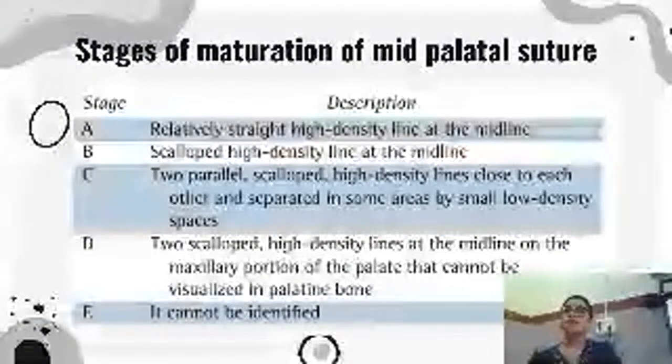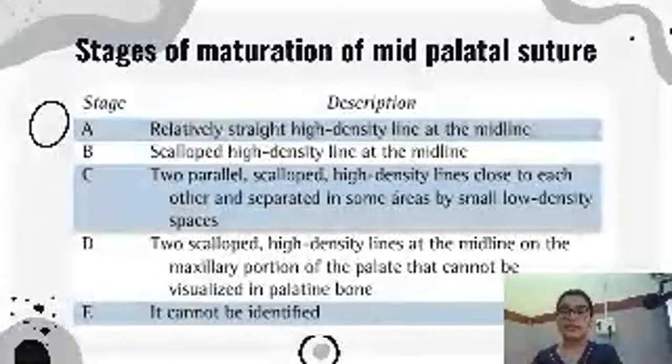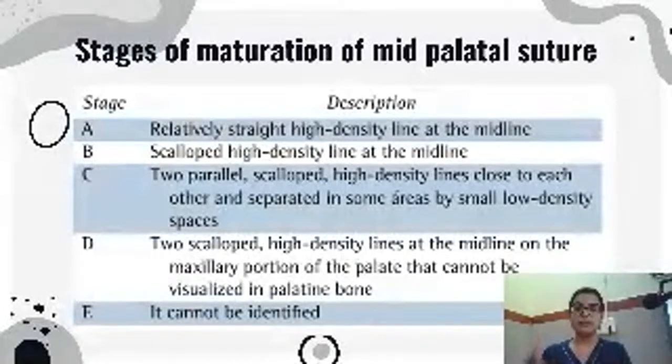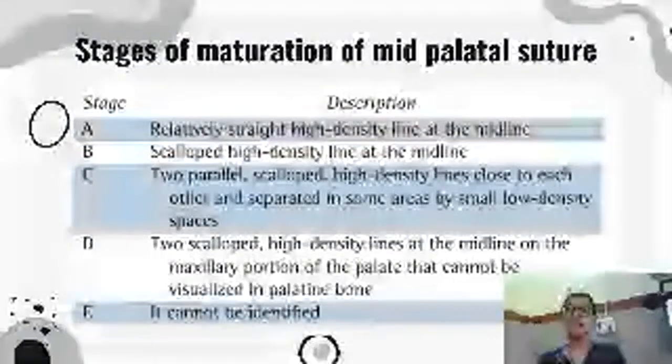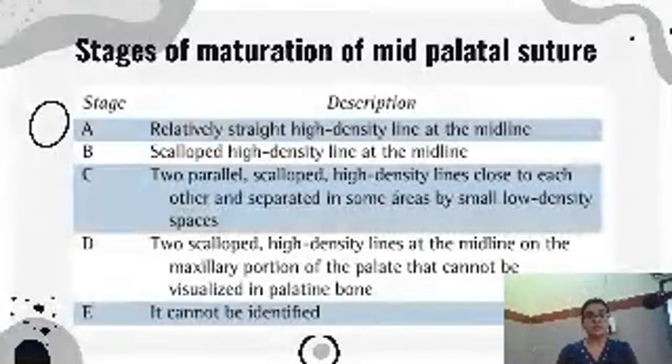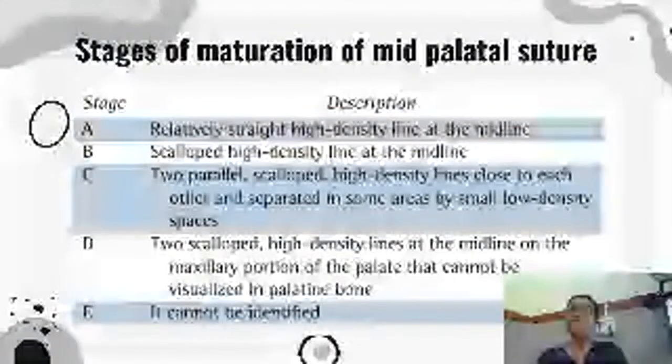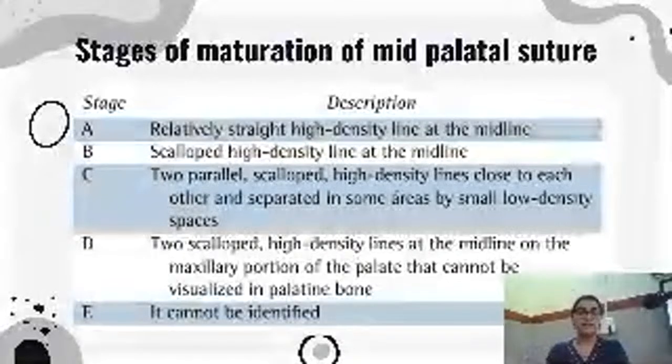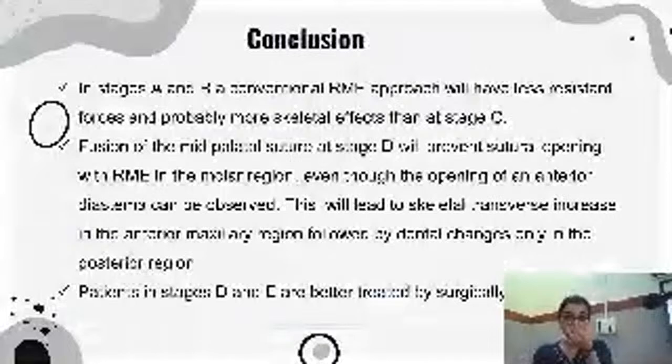In stage B, a scalloped line can be seen at the midline. In stage C, two parallel scalloped lines can be seen close to each other, separated by some areas of small low density spaces. In stage D, two scalloped lines with high density are no longer visible in the palatal bone. And in stage E, we cannot identify the lines.